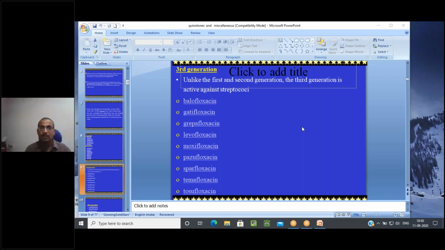Though they come under the same group, because of their new structure they have some additional benefits as well as low doses. Finally we want an ideal drug: with a small dose, fewer side effects, long duration, and good tolerability. Tolerability is also important.